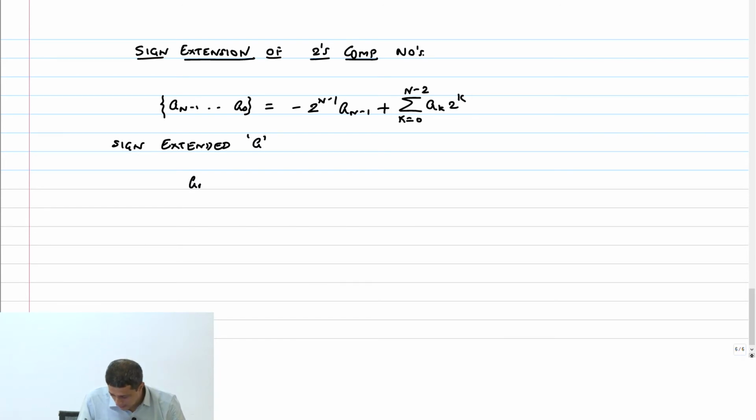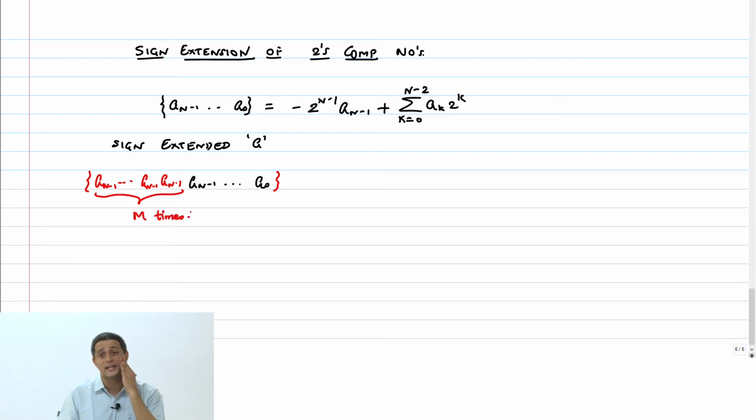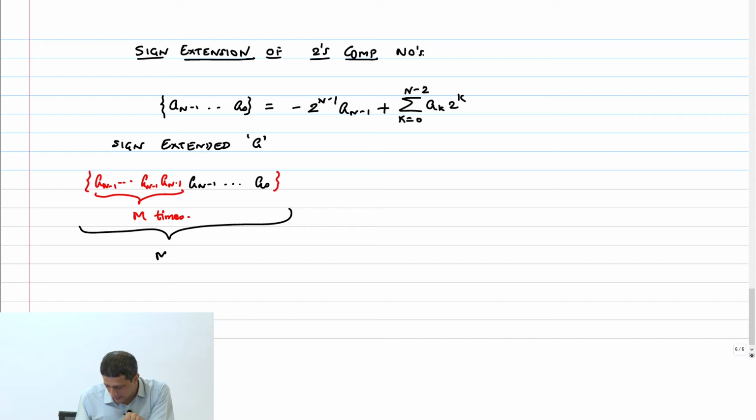It is a n minus 1 all the way to a naught, and I'm going to repeat a n minus 1 a n minus 1 all the way, sign extending it by m bits. So by sign extending it m times, this now becomes how many bit number? An m plus n bit number, right?